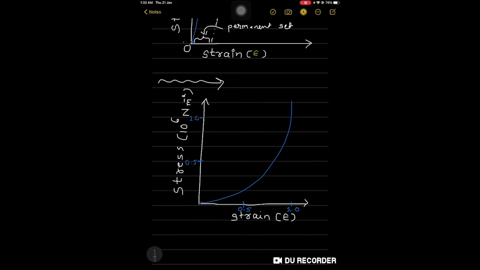Now the next thing that we will study is elastic moduli.